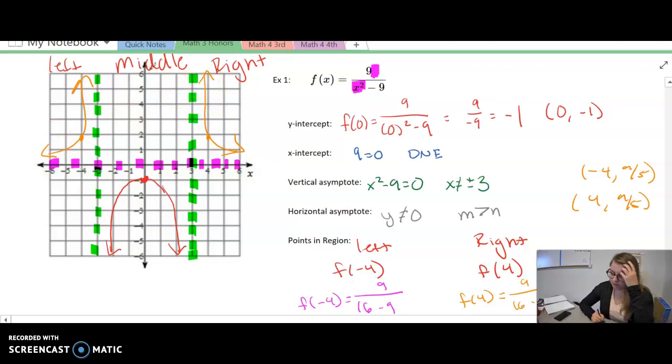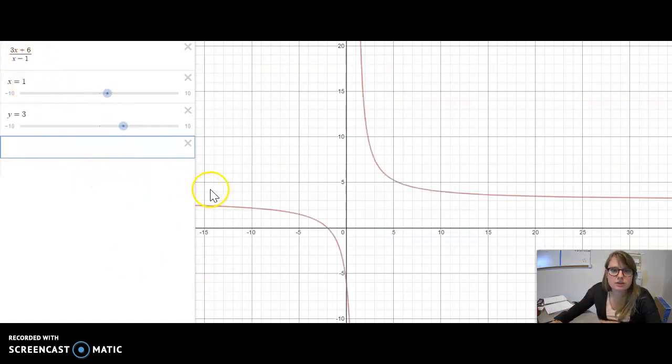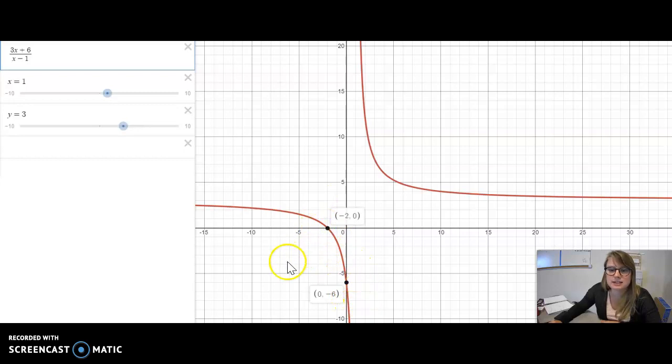So now I want to take you to Desmos to show you how we could use Desmos to graph. So this is back at example 2. We had 3x plus 6 over x minus 1, and we're going to go ahead and graph that. So if we look here, it gives us the y-intercept, and it also gives us the x-intercept. And then we had to find our asymptotes, but you could also find them by seeing how close it gets to some number.